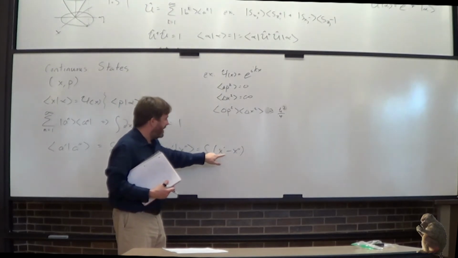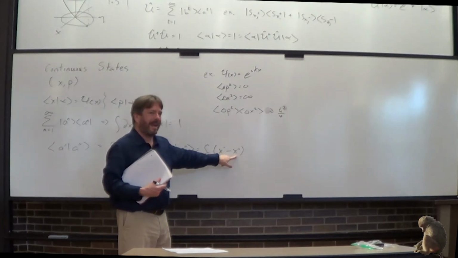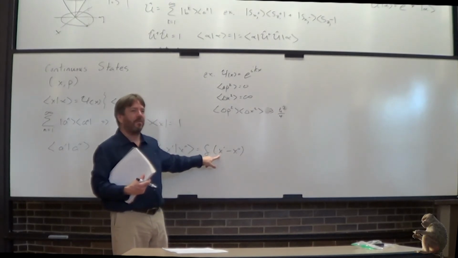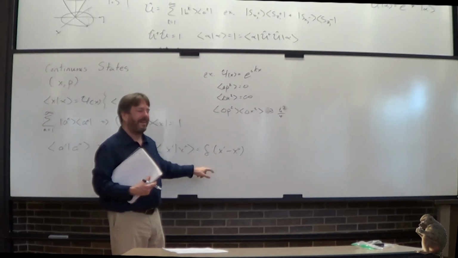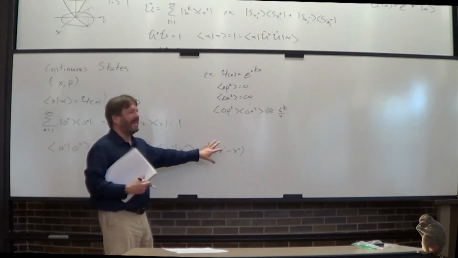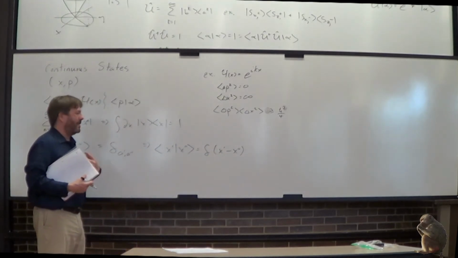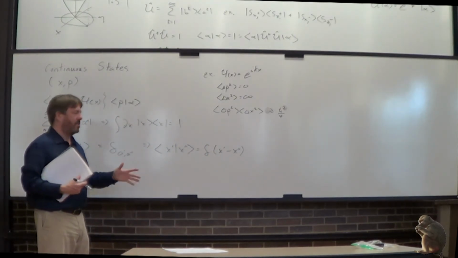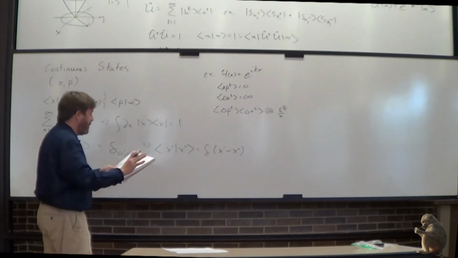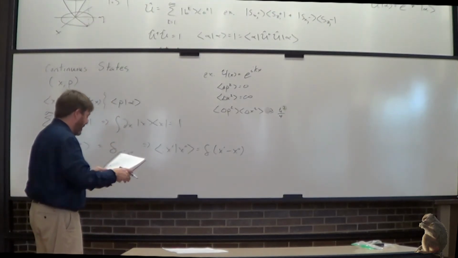So you could say that x dash is equal to x double dash, or that x double dash is equal to x dash. It's irrelevant which one you call the other. But there are rules about how you should do it, so I'll try to follow them. If I mess up, I'm sorry, but it doesn't matter.